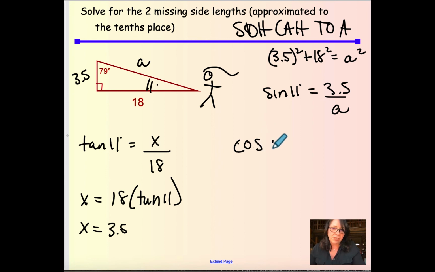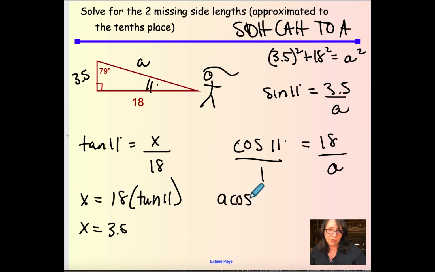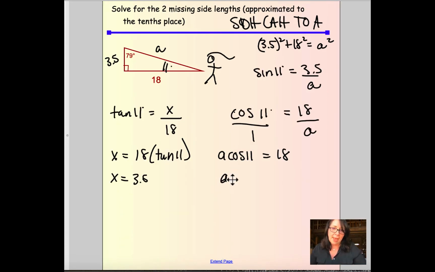Cosine of an angle, which is 11 degrees, is equal to the adjacent side over the hypotenuse. So I'm just going to use that. I'm going to cross multiply. I get a times cosine of 11 equals 18. And so a is equal to 18 divided by parentheses cosine of 11 degrees.